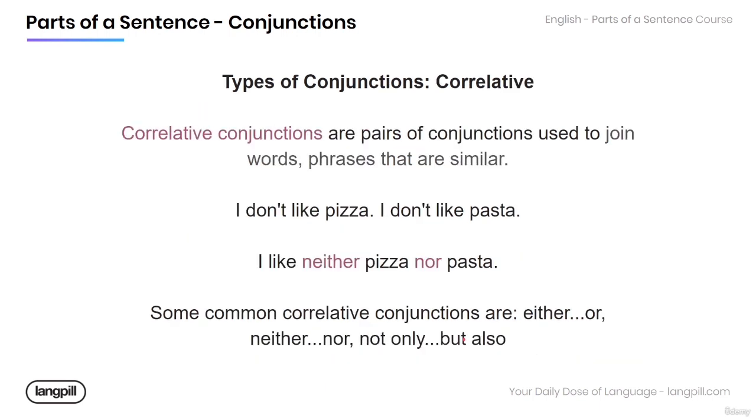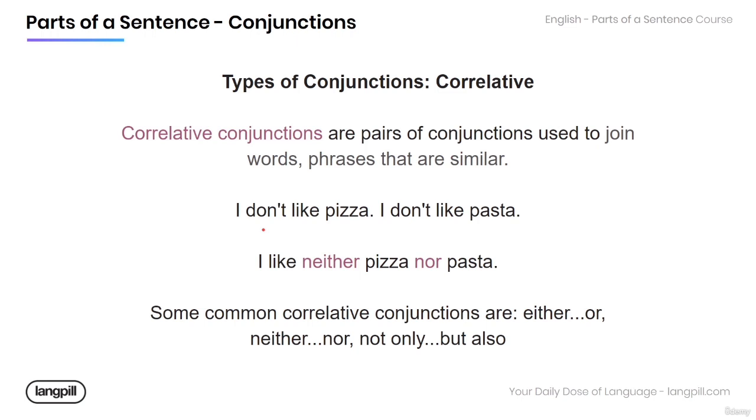Next we have our correlative conjunctions. Now, correlative conjunctions are actually a pair of conjunctions that we use to join words or phrases that are similar. So here we have the two sentences, I don't like pizza, I don't like pasta. Now we're talking about two separate things that they don't like.